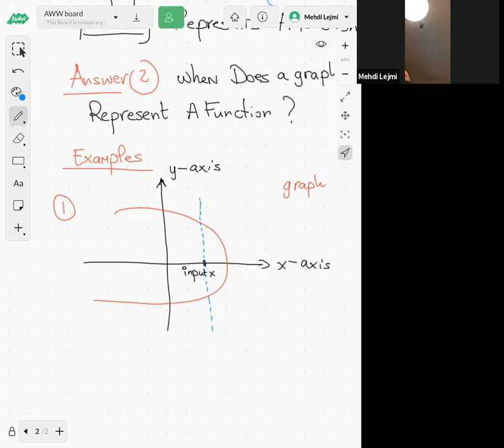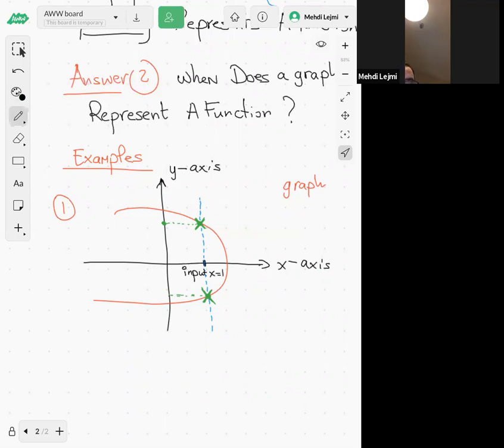And the corresponding output y, as you can see here, because my vertical line intersects the graph at 2 different points. This one here, and this one here. Let's say this x is equal to 1, for example.